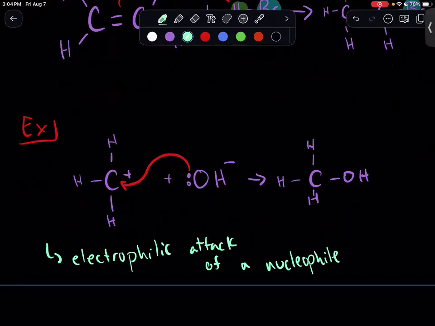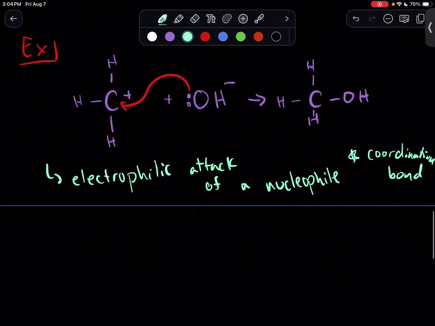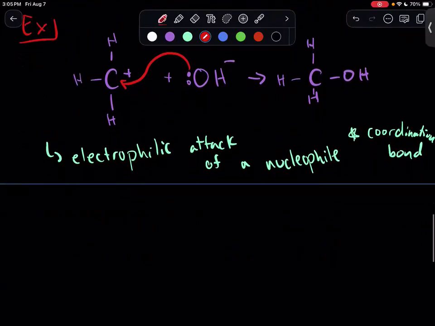And you'll notice both electrons coming from the oxygen. So this is also going to be a coordination bond. Remembering that in a coordinate covalent bond, both electrons for the bond are donated from one species, one set of electrons from that atom.